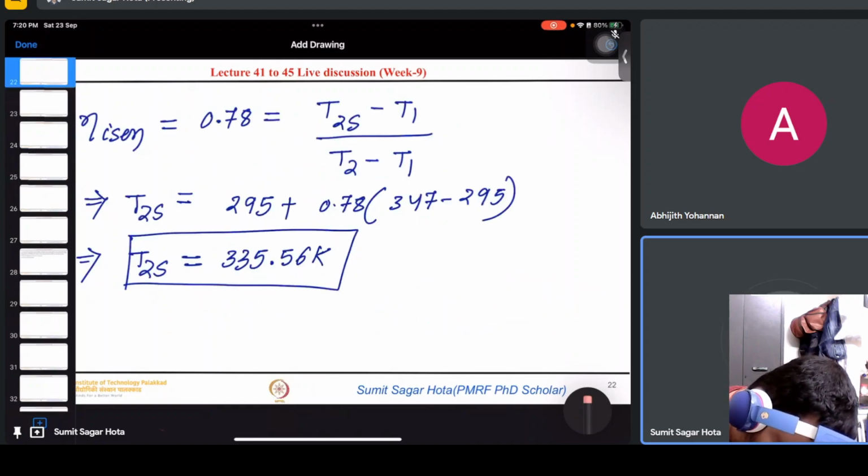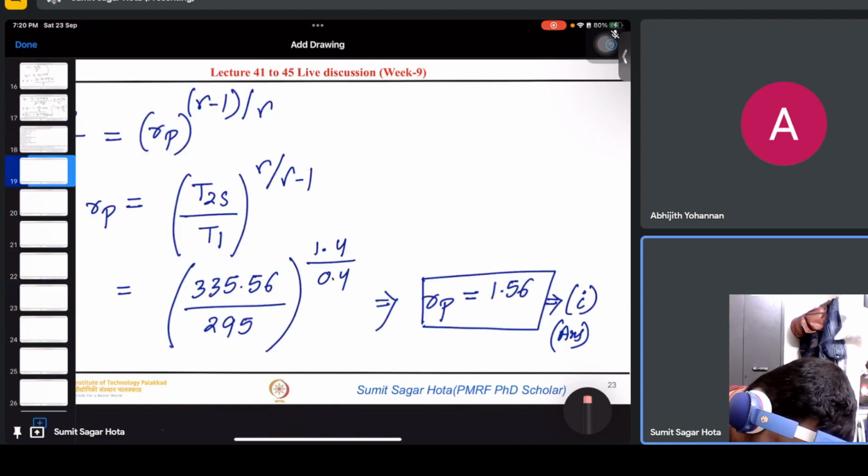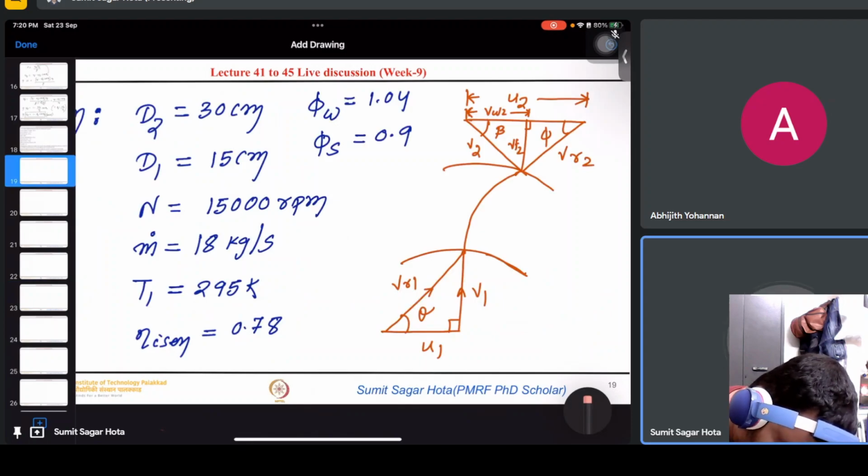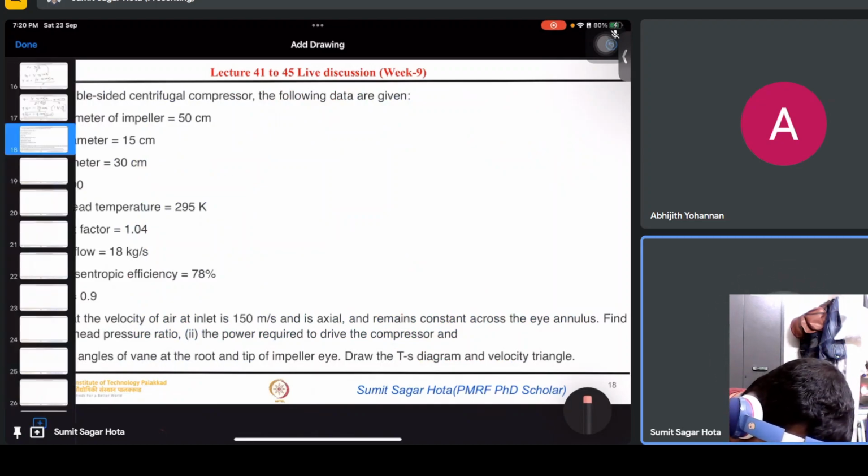What is phi s? Phi s is 0.9. And what is phi s called? It's the slip factor. How this slip factor is related, that we first see.